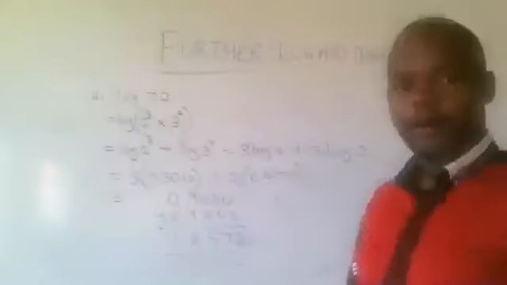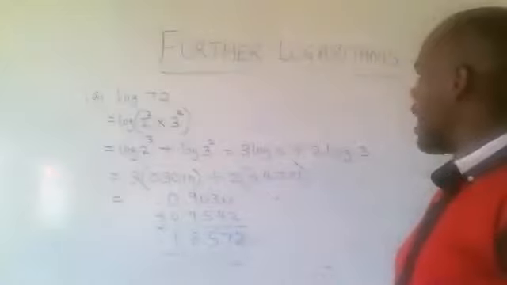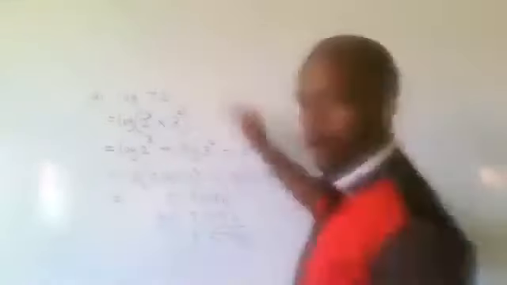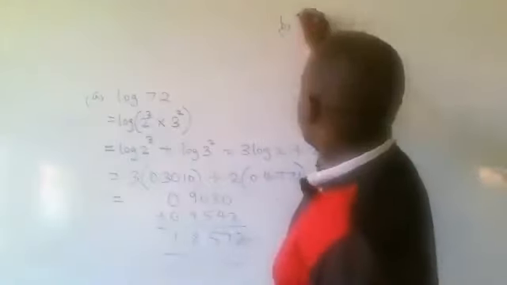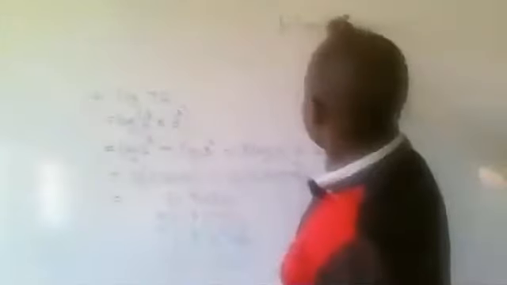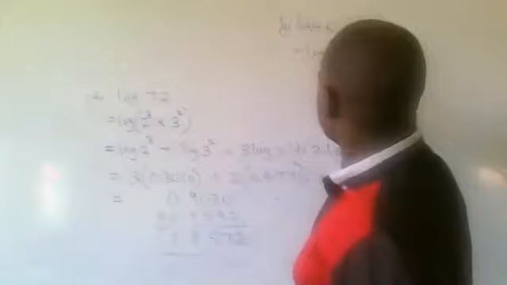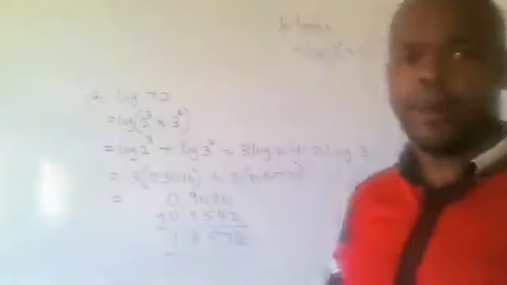So the next one, part B, we have log 45. So log 45, you say it is 3 squared times 5.